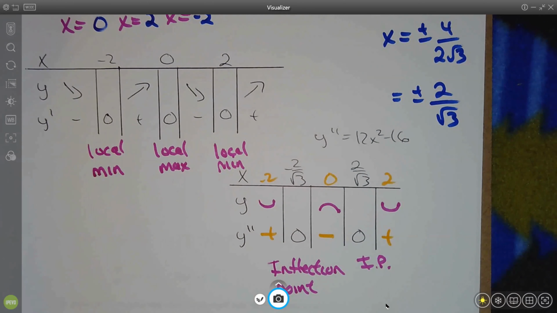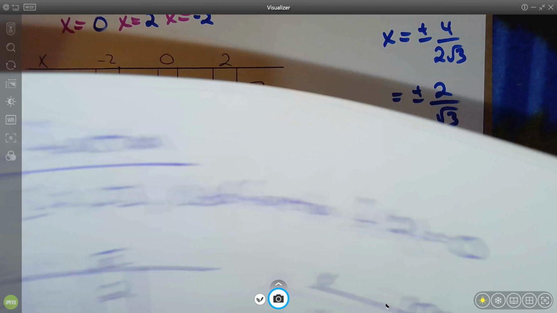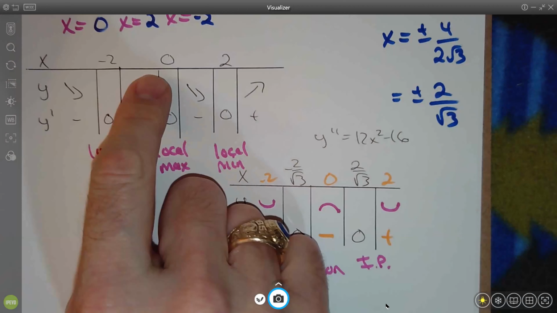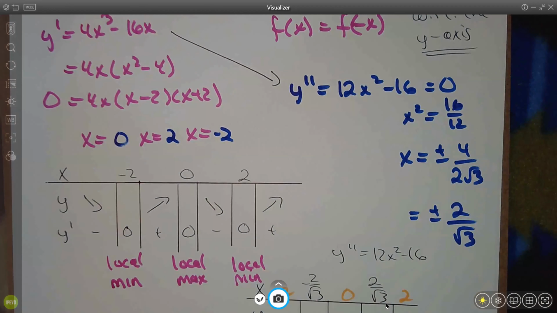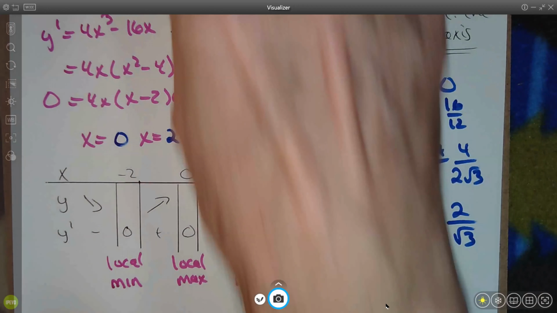So got a couple more here that I want to work on. And we're going to do something a little bit different, a little bit fun here. Are there any comments on this one? Problem number 4.